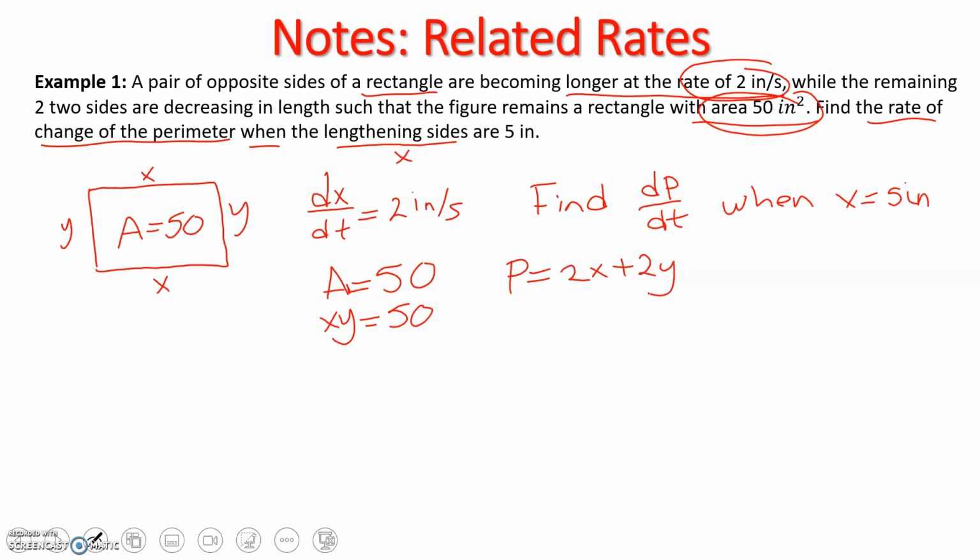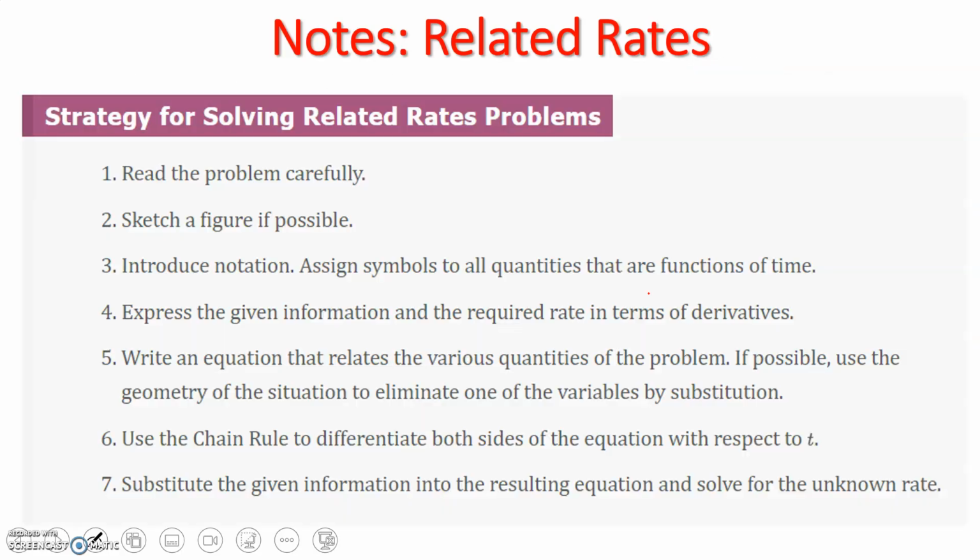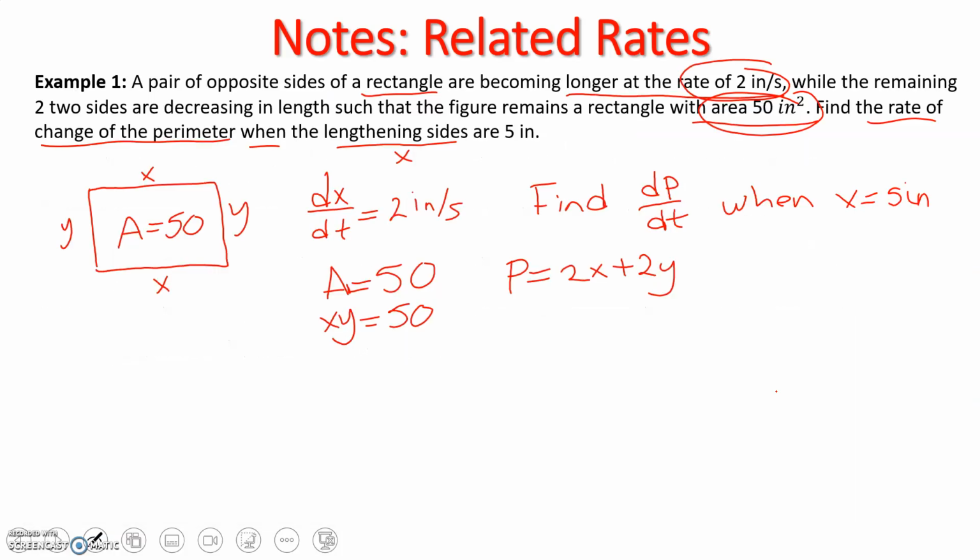Now, if we go according to the guidelines, we have our equations that relate our variables. According to the guidelines, we should try to eliminate one of the variables by substitution. Let's go ahead and use this equation right here, and solve it for y so that we could substitute it into our perimeter equation.